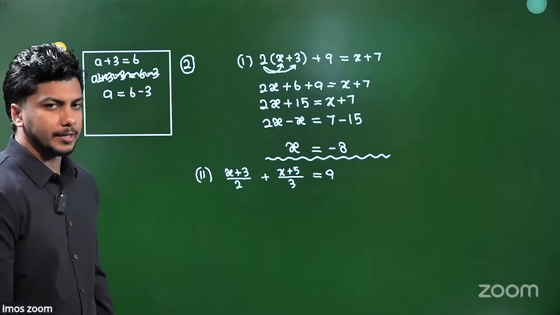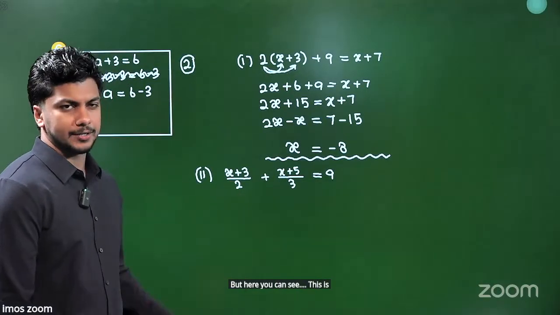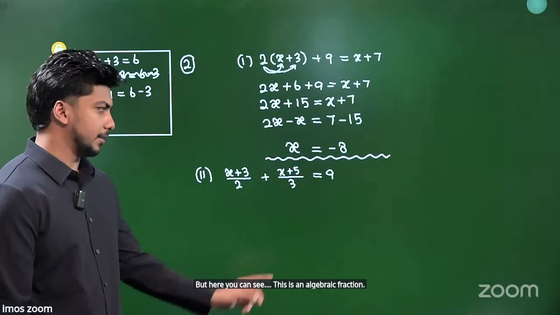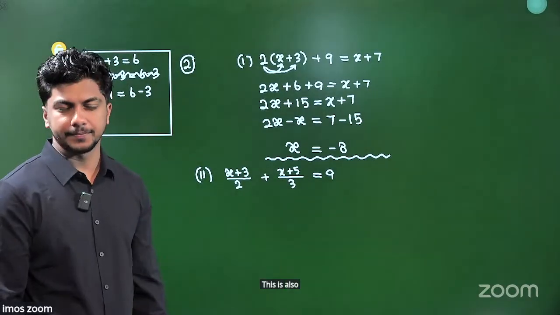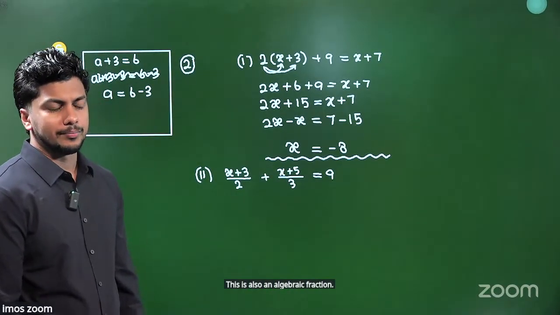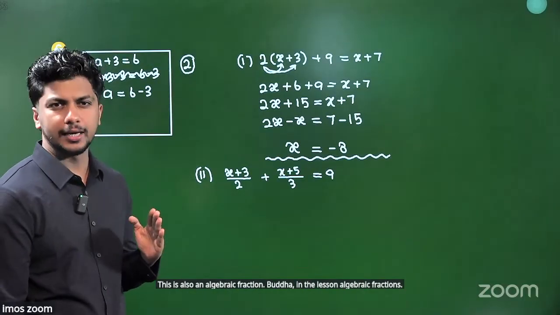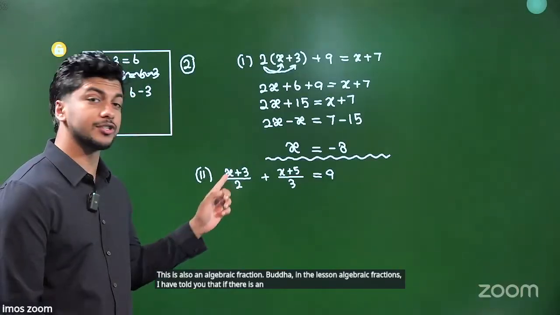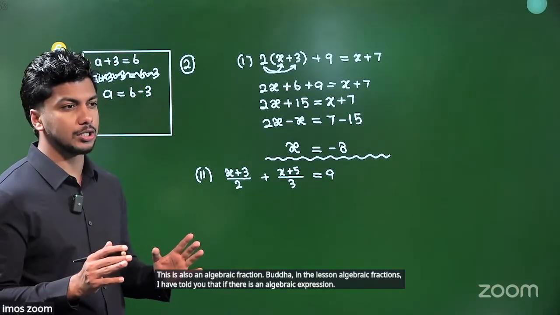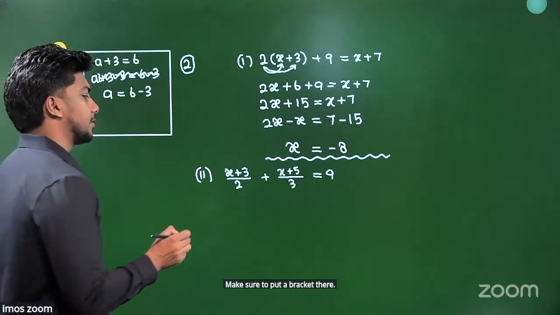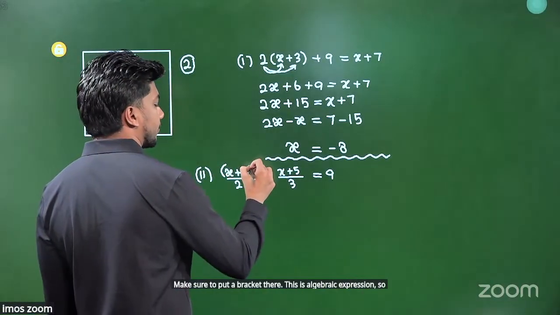Putha, here you can see this is an algebraic fraction. This is also an algebraic fraction. In the lesson on algebraic fractions, I have told you that if there is an algebraic expression, make sure to put a bracket there. This is an algebraic expression, so put a bracket.